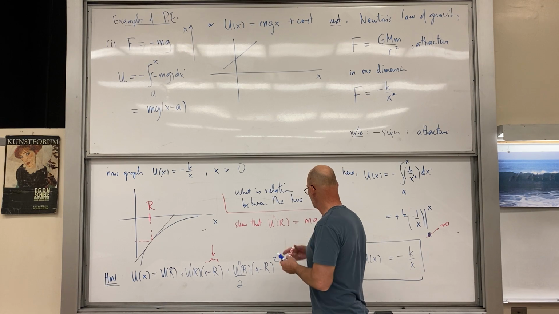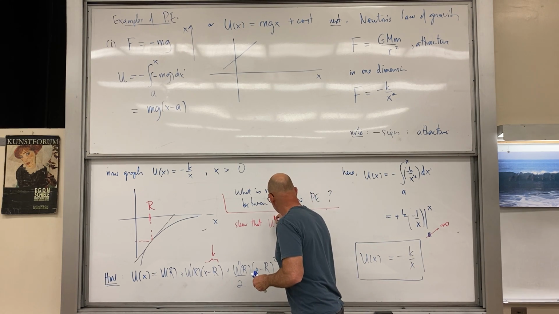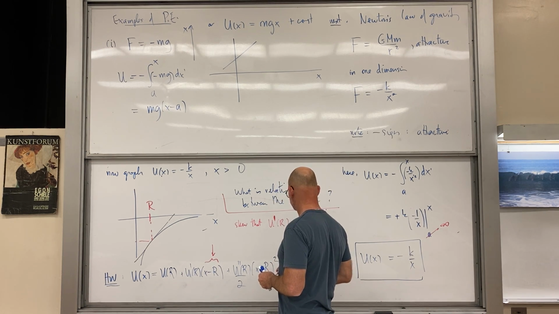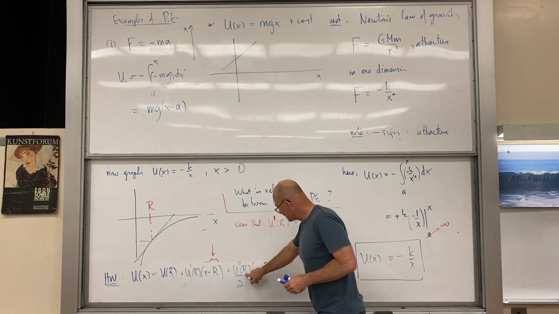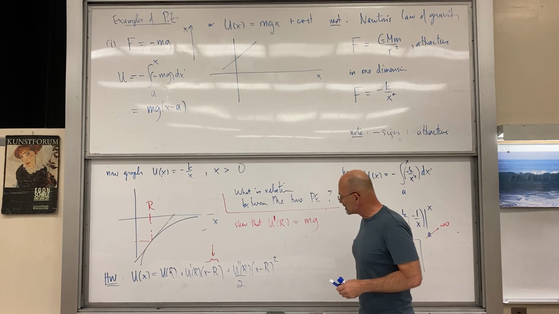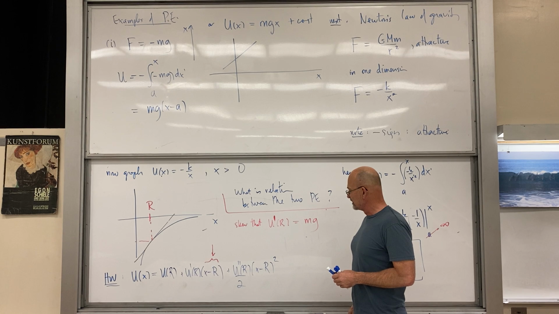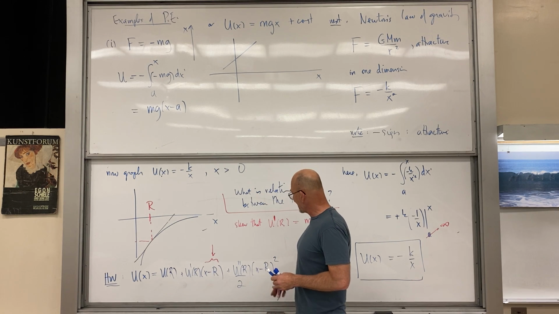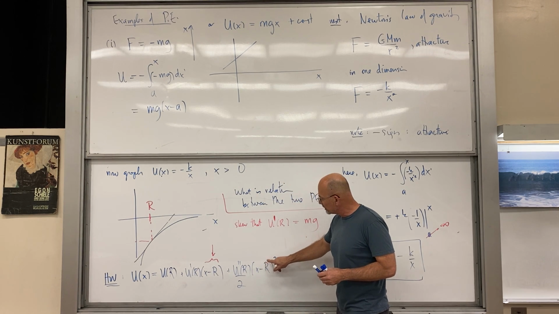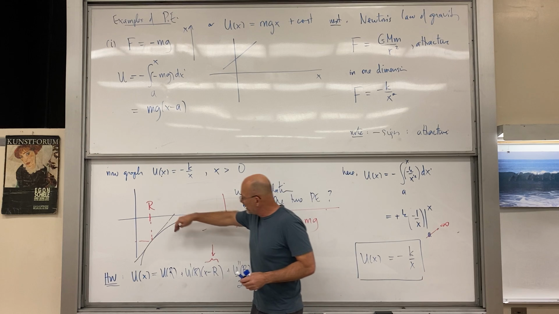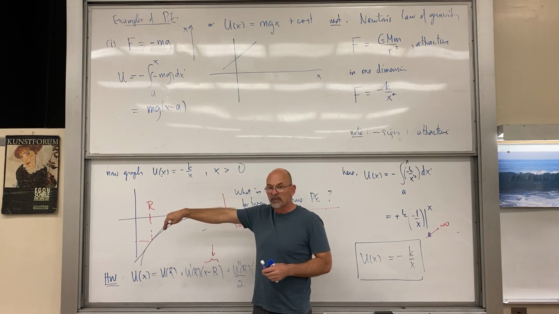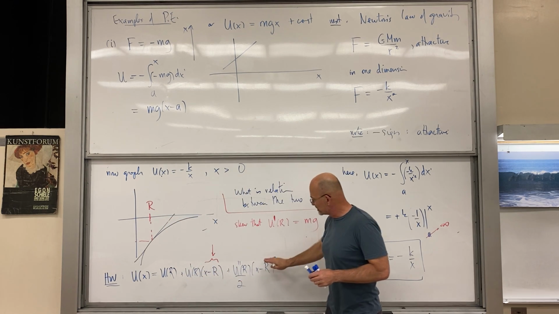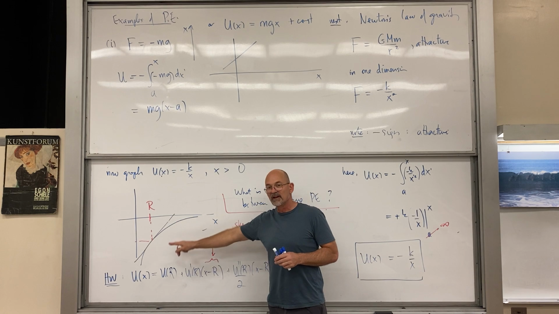This is the quadratic correction to the linear term. And that quadratic correction will tell you how far away you can get from the surface of the central body and still essentially be allowed to use the linear term.